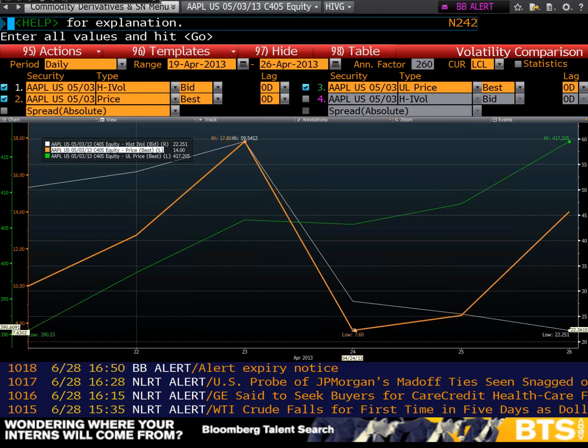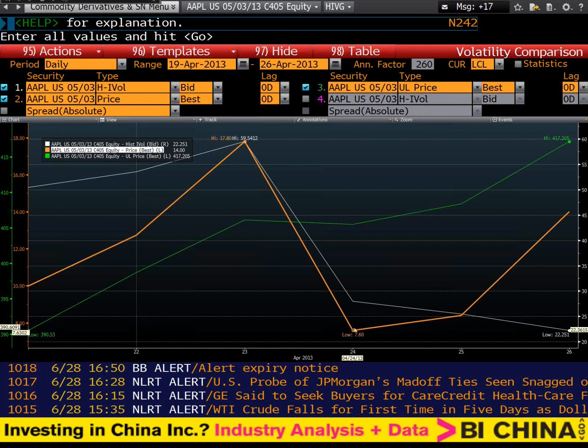So, to what Maddie just brought up, how can we mitigate the risks of overpaying for volatility, or how can we take advantage of different strike prices and different volatility levels as you move away from the money, to set up positions that will be defined in how they behave?